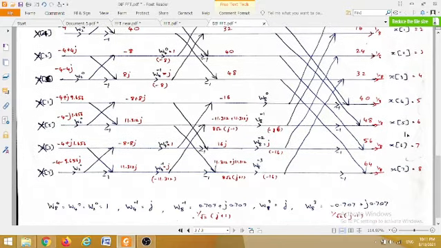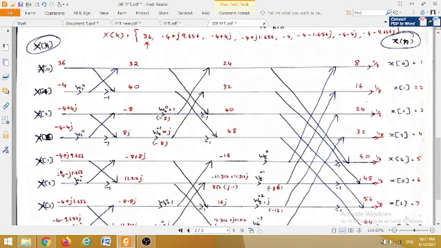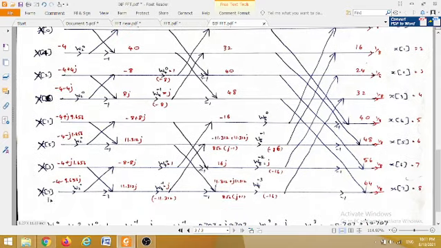So here we are getting the output. How are we getting it? We have to check. Okay. So x of k is in bit reversed order. First we have x of 0, then x of 4, then x of 2, x of 6, then x of 1, x of 5, then x of 3 and x of 7.